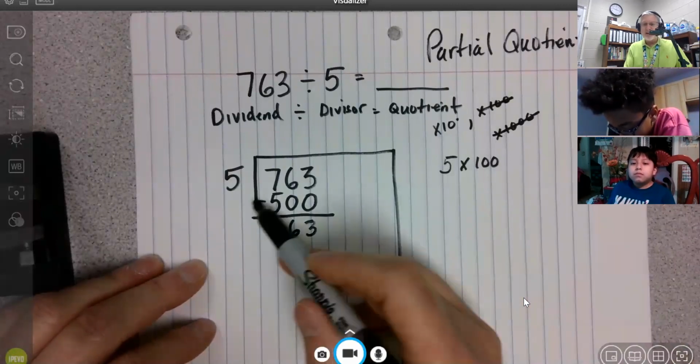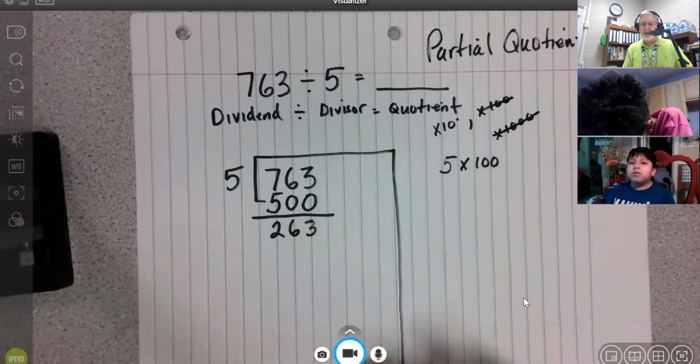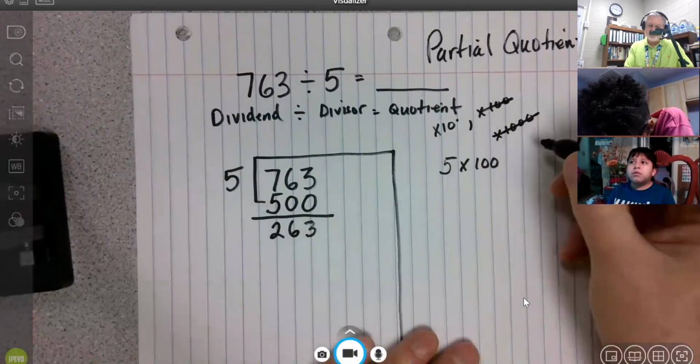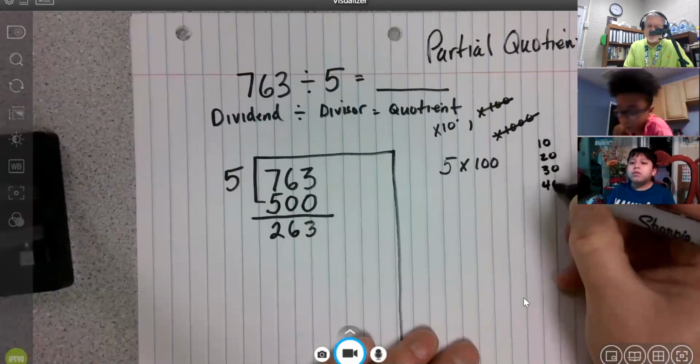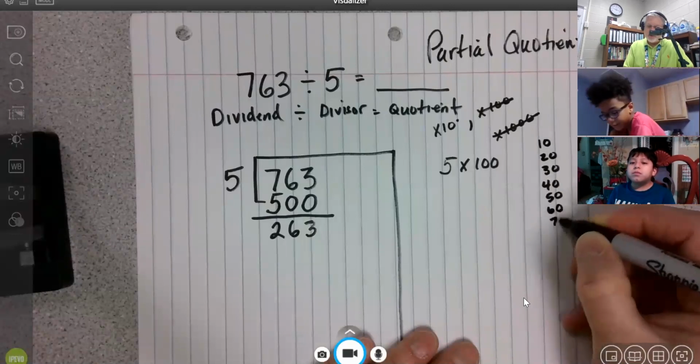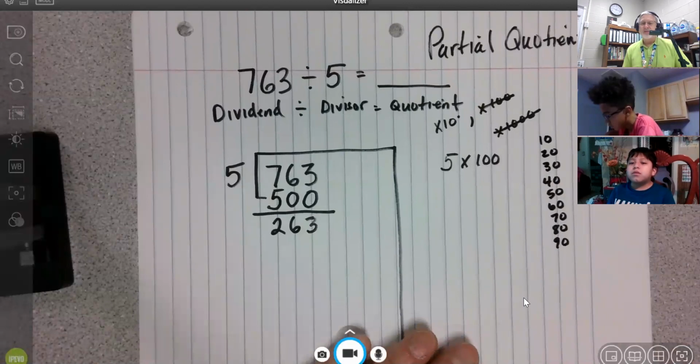What multiple of 10 could I multiply 5 by to get me close to 263? I'm just going to write some multiples of 10 down and see which one would work the best. 5 times 40.